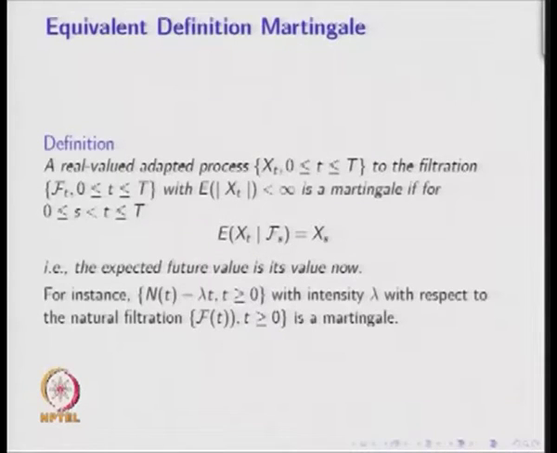For instance, N(t) minus lambda t for t greater than or equal to 0, with the intensity lambda, with respect to the natural filtration F(t), is a Martingale. Here N(t) is a Poisson process.